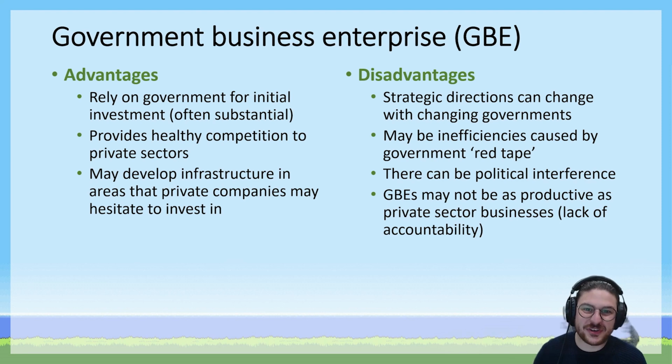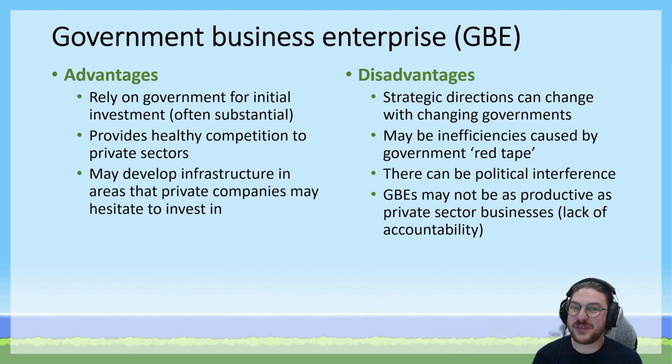Some disadvantages for GBEs, however, is that government isn't forever, and in Australia, on a pretty regular cycle, we have elections, which means that your boss, if you're a GBE, can change pretty regularly, and your strategic direction, which comes from your shareholder, the government, can change with it.